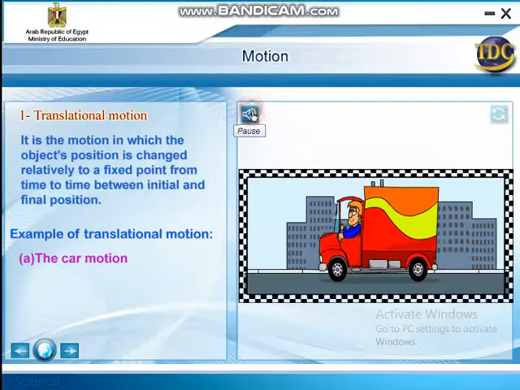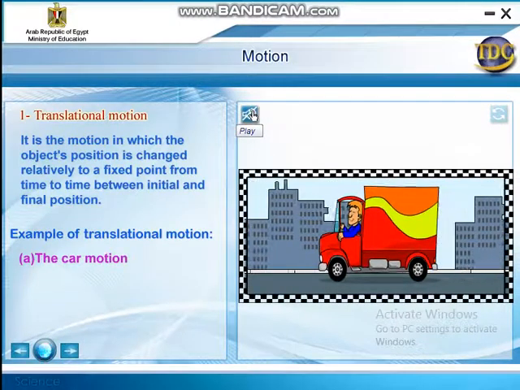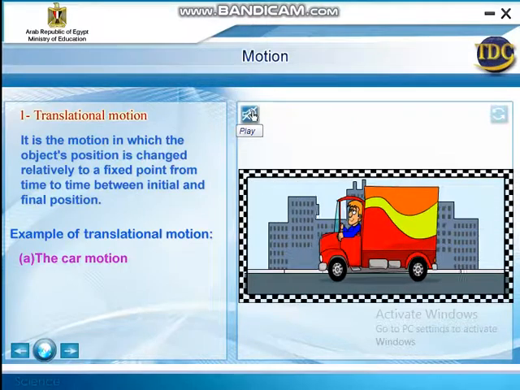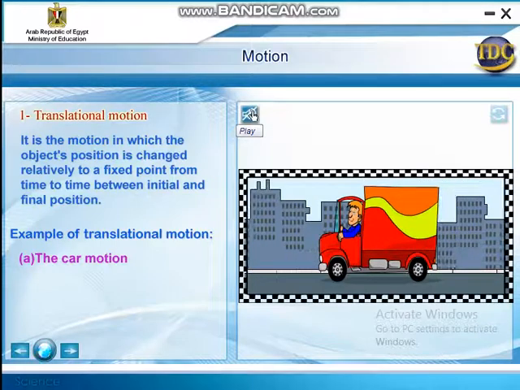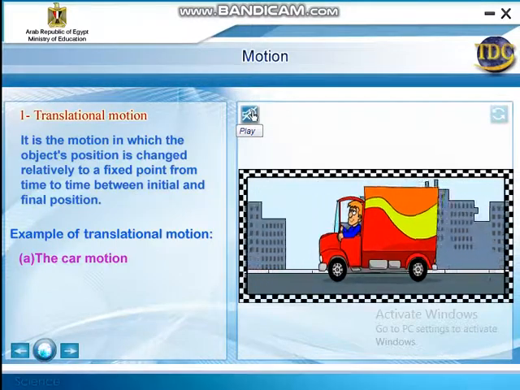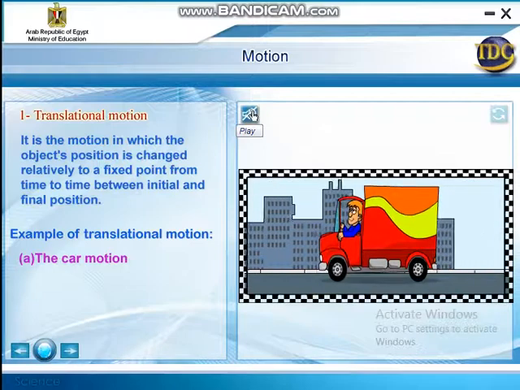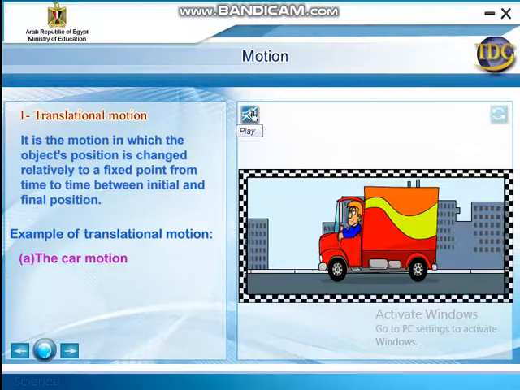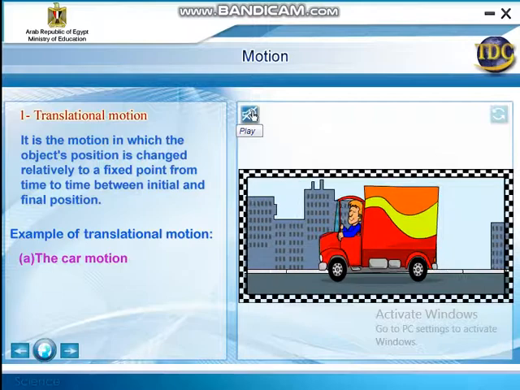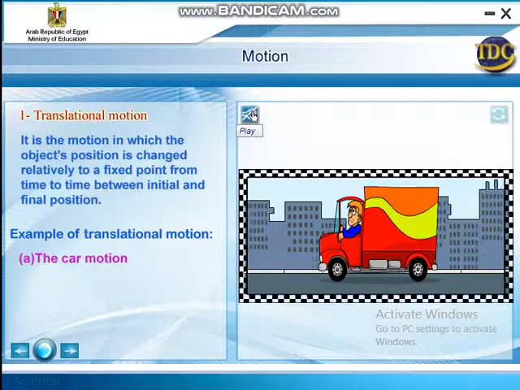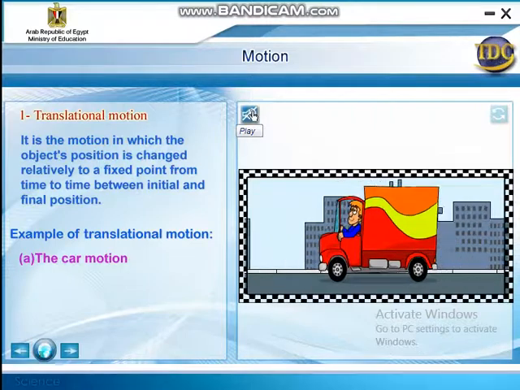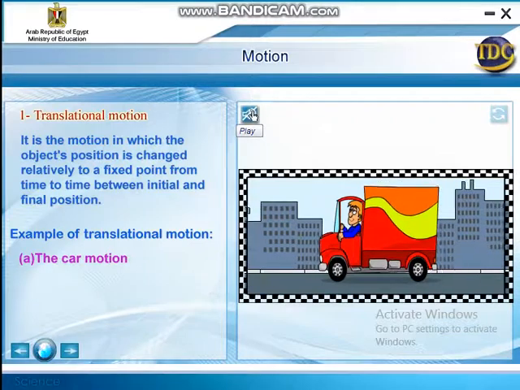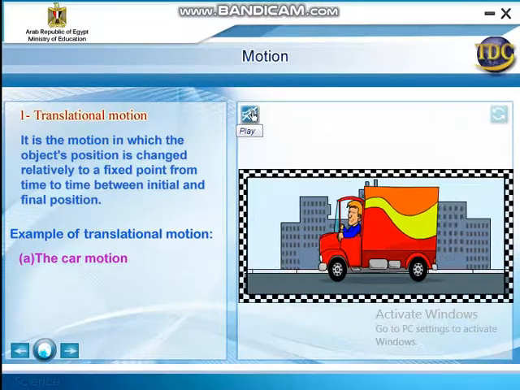First, transitional motion. It is a motion in which the object position is changed relative to a fixed point from time to time between initial and final position. The motion that has initial position and final position. Like number 1, car motion. The car has initial point and final point.